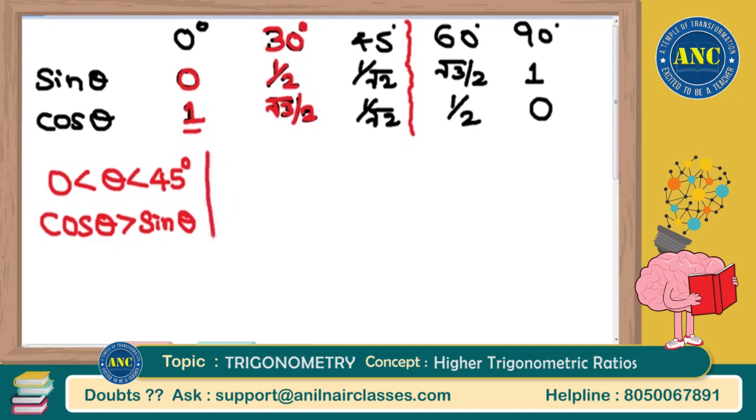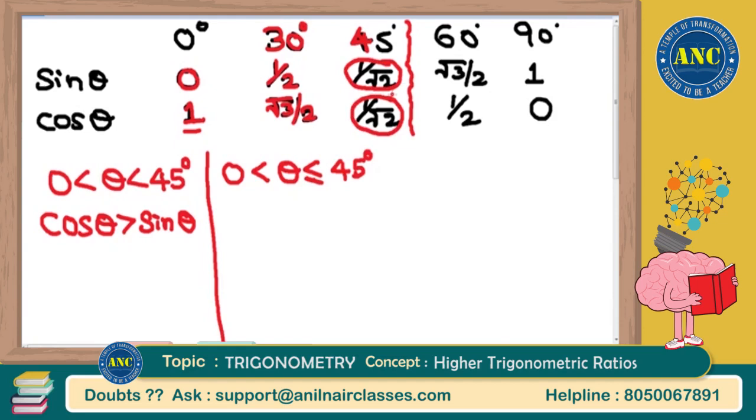But if I make this equal to 45 degrees, 0 less than theta less than or equal to 45 degrees, can I say that at 45 degrees cos theta value is 1 by root 2, sin theta value is also equal to 1 by root 2.